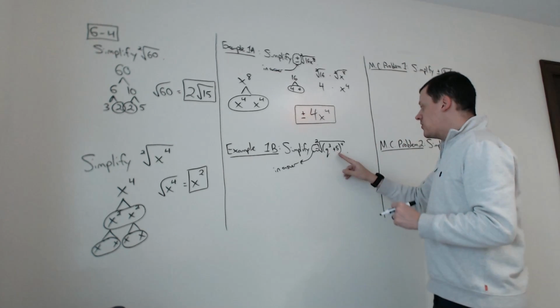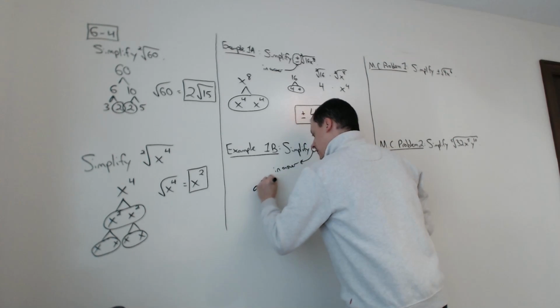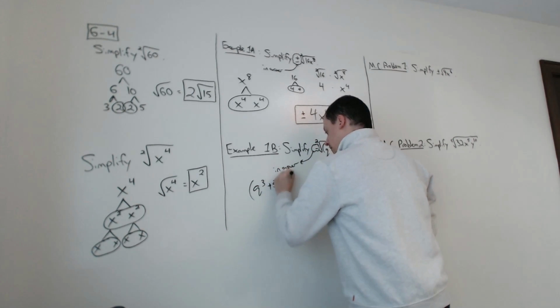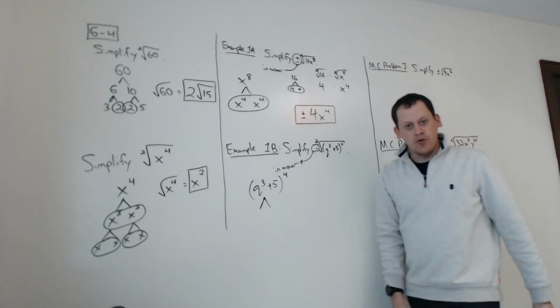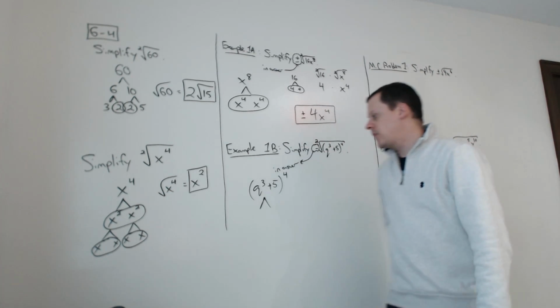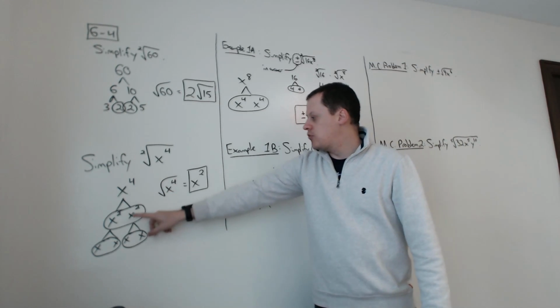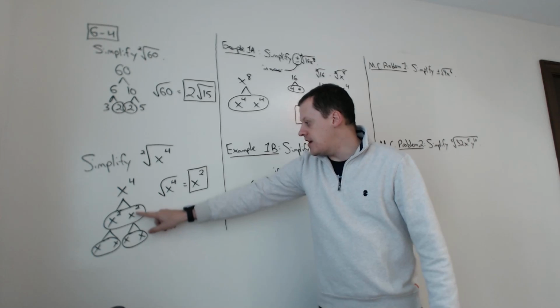We could take q to the third plus 5 to the fourth power, and break it down, just like we broke down x to the fourth power over here. X to the fourth power broke down into x squared times x squared.